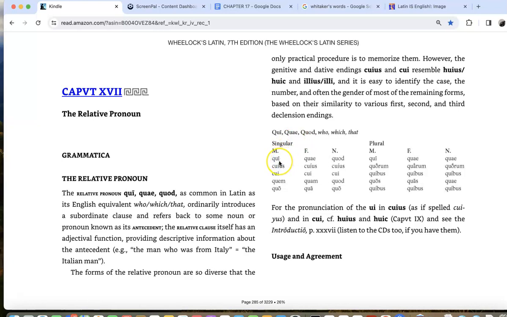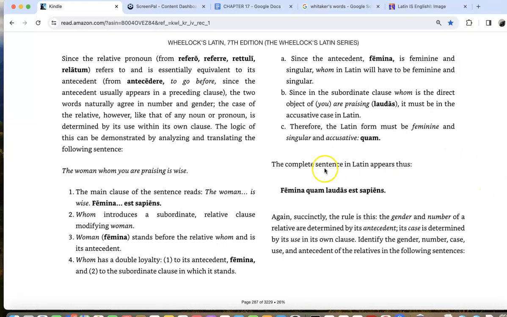But we need to be able to recognize what the relative pronoun is and what its function is in the subordinate clause. So I'll be referring to these throughout the lesson. This right here is some other basic definitions and descriptions and usages of relative pronouns in Latin.